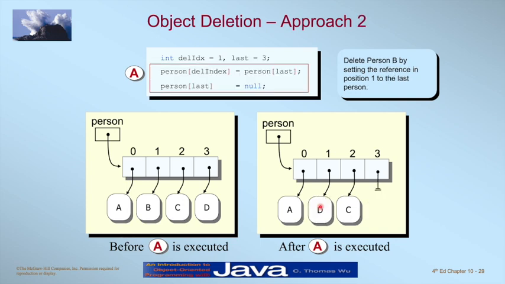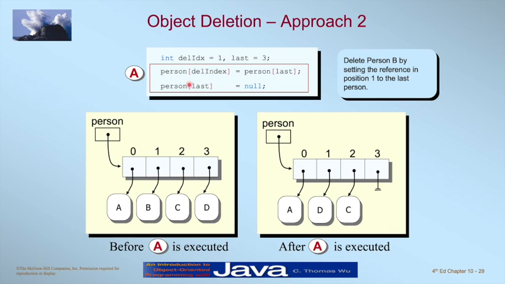How about if we want to delete person B by setting the reference in position 1 to the last person? We have this integer delete ID, which we declare as 1, and then the last person equal to 3.